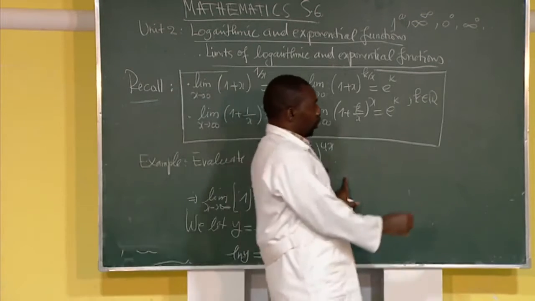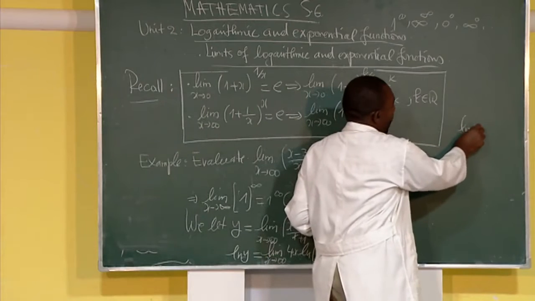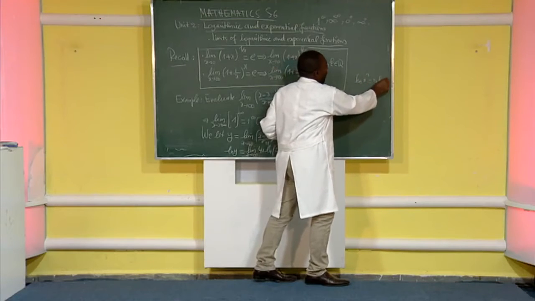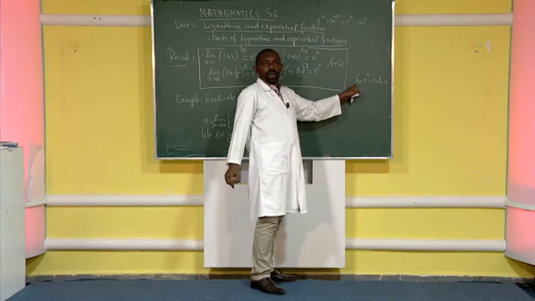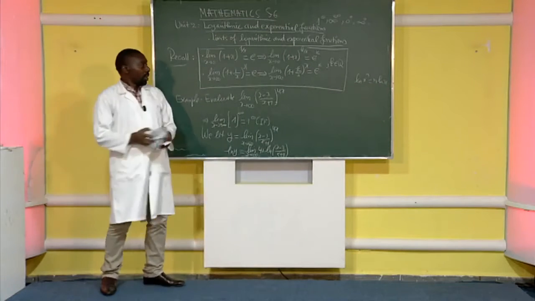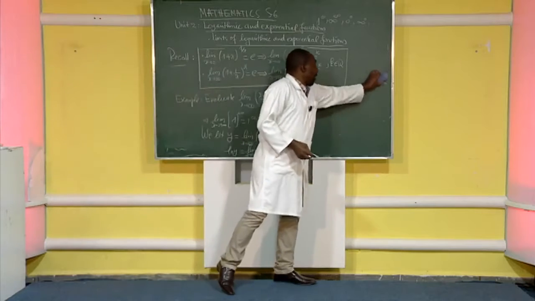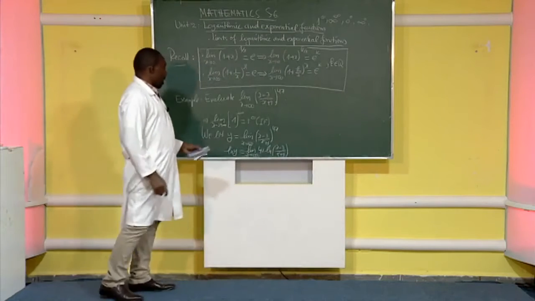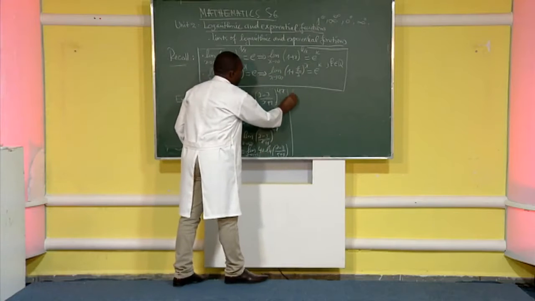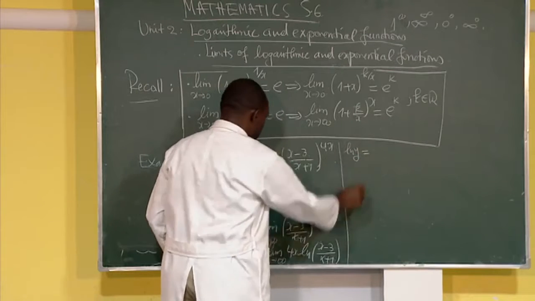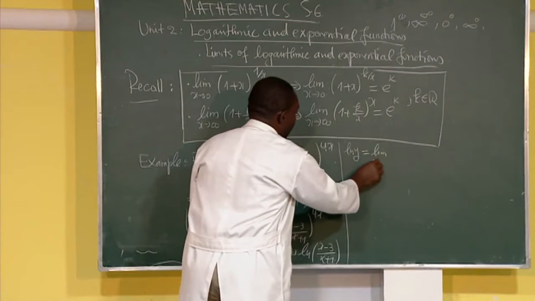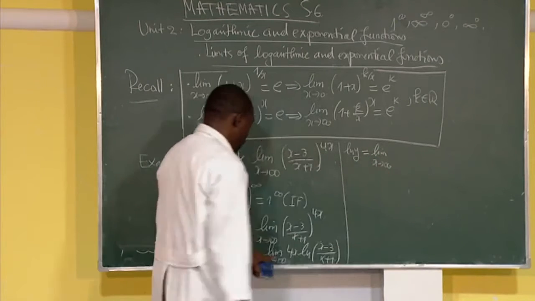Here I used ln of x to the power n equals n times ln of x, a property of the log function. Now, we have ln y equal to the limit as x approaches infinity.